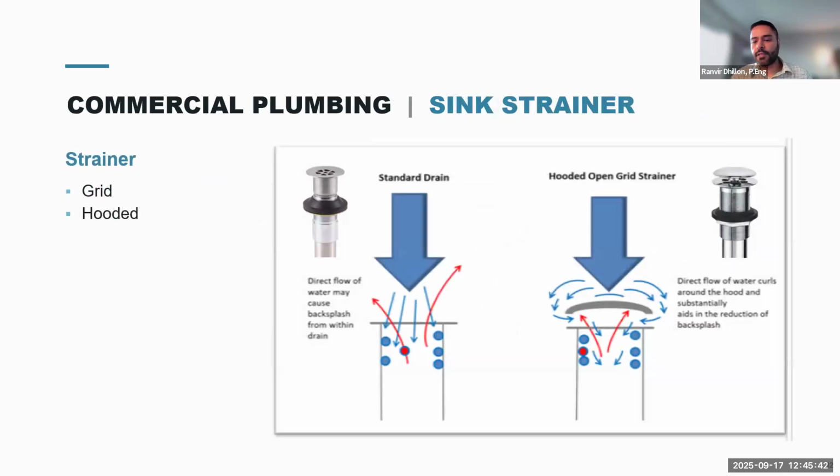When selecting a sink drain for public spaces, it's important that you select some form of grid so that paper and other items don't slip down the sink. In settings particularly concerned with hygiene, hooded strainers that reduce splashback are also available. There are even automatic faucets with programmable flushes to ensure that drains are adequately rinsed to remove foul-smelling liquids and soap buildup.